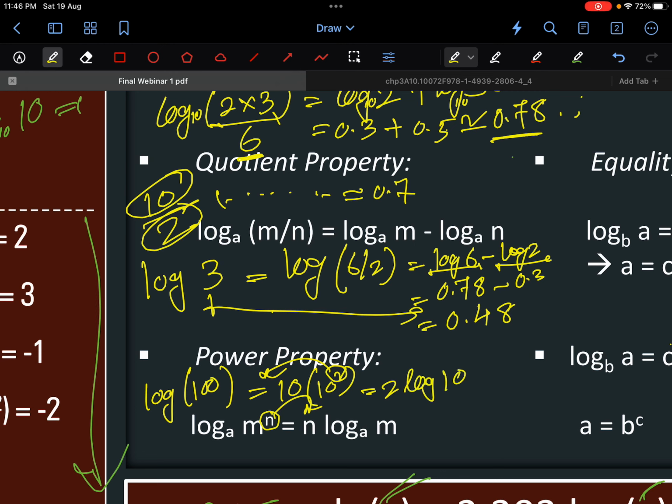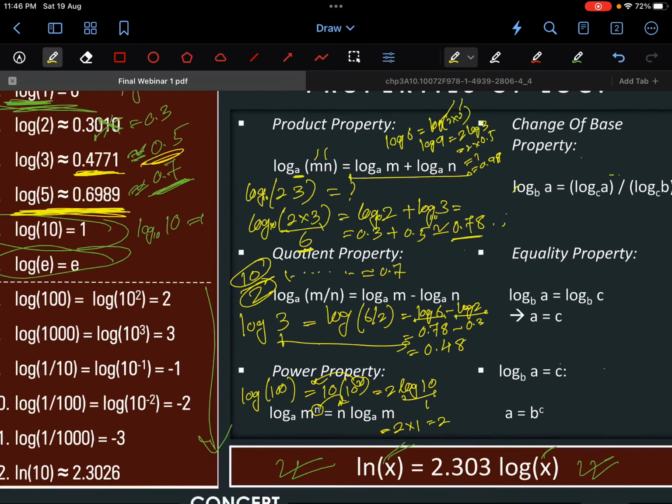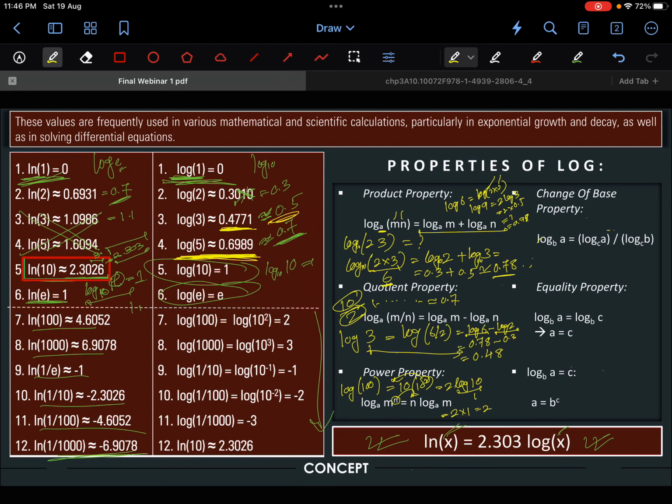And what is the value of log 10? The value of log 10 is 1, so this becomes 2 into 1, that is 2. Now let's get back to the table with the big numbers. The value of log 100 is 2. That is what we found just now.